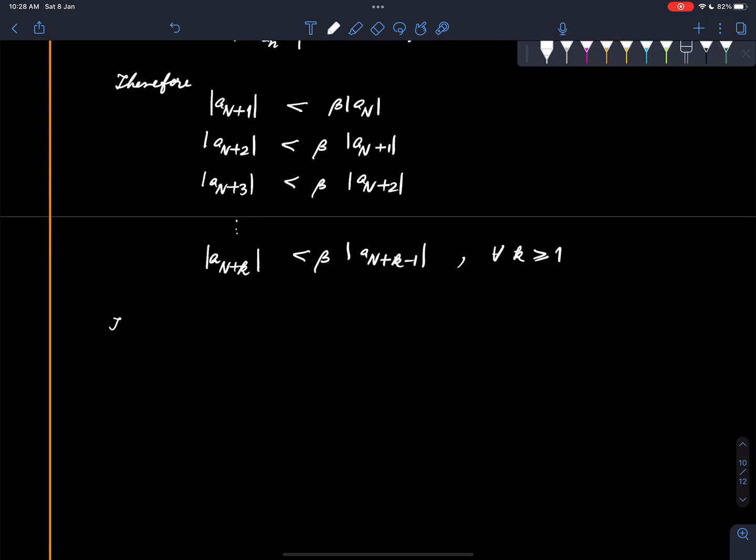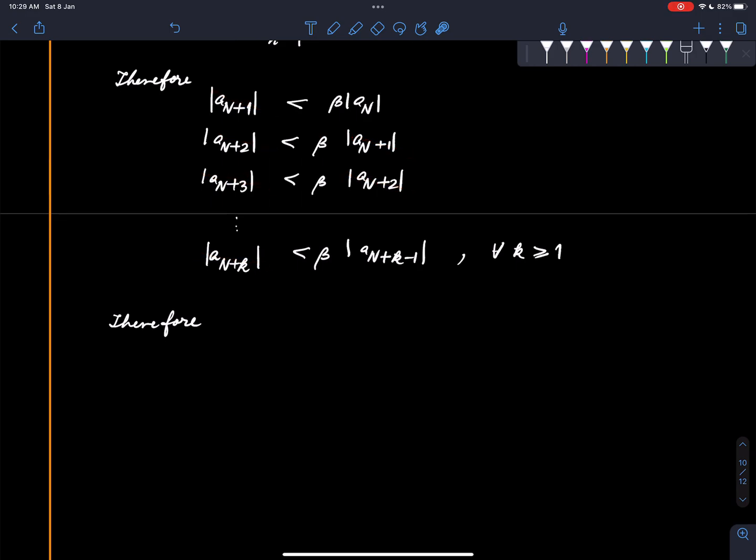Therefore, if we multiply all these inequalities, and it is legitimate to multiply them because everything here is non-negative, and since this telescopes, this cancels out with that, this with that, this with that, and so on, what we get is that this absolute value is at most beta to the power k, since there are a total of k inequalities, times |a_N|.